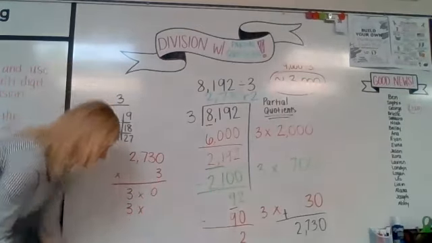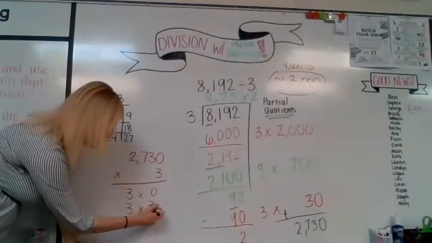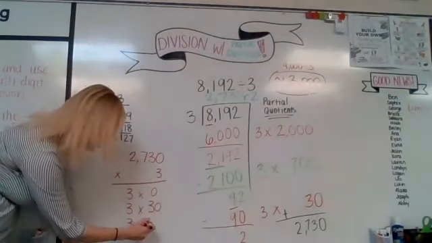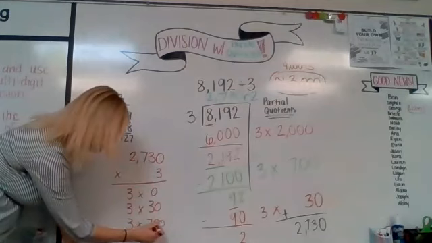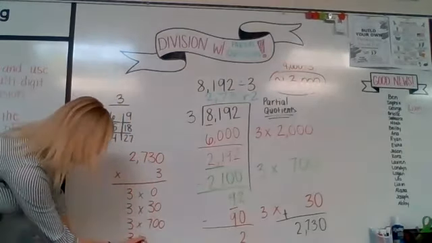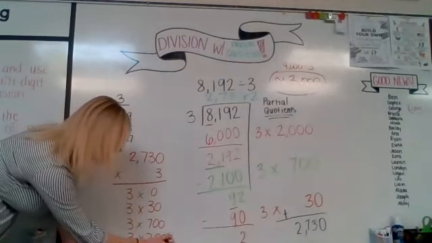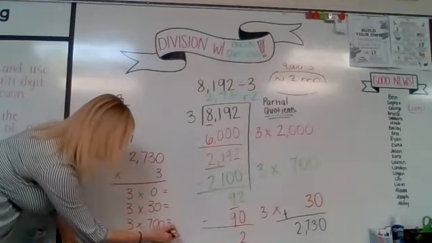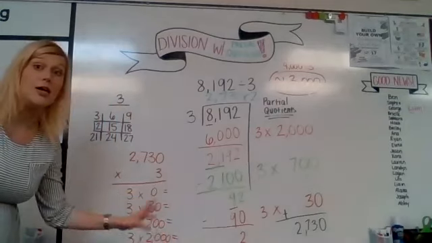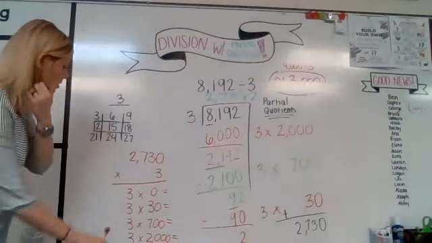So we'll have 3 times 30, 3 times 700, and then 3 times 2,000. Luckily for us, we already have our tic-tac here, so the multiplication's done. We just have to account for the zeros to put those digits all in the correct place values.